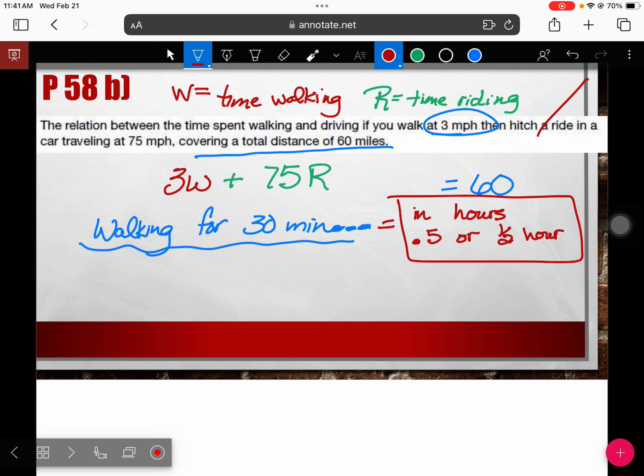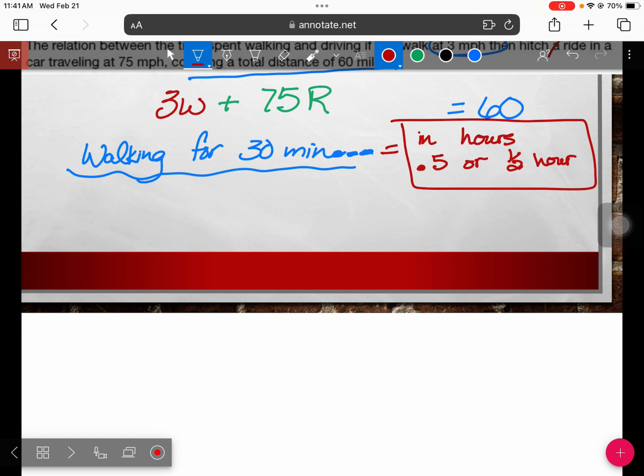So then we could say 3 times the amount of time we are spending, which is 0.5, plus 75R equals 60. 3 times 0.5 is 1.5 plus 75R equals 60.